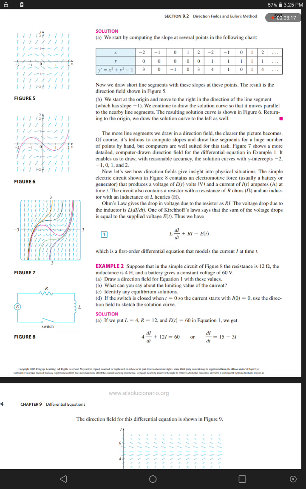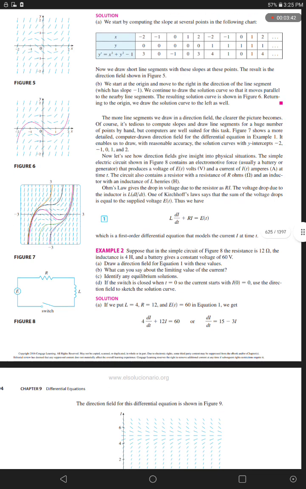Thus we have L times dI/dt plus RI equals E(t), which is a first order differential equation that models the current I at time t.